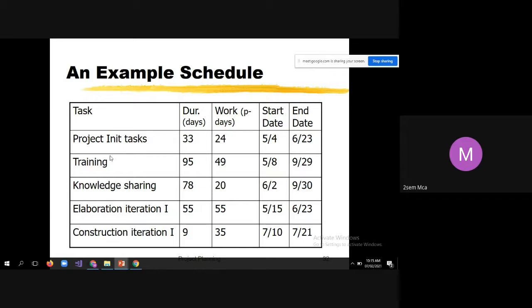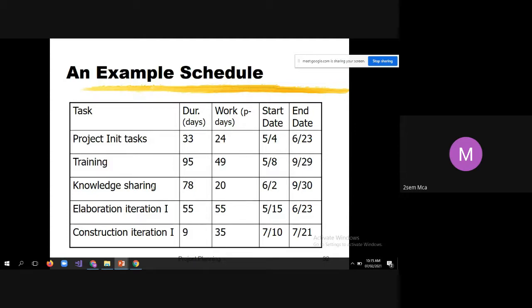Similarly, for training, 95 days duration is given as per the schedule, but person days required are 49. Starting date is 8th of May, and training end date is 29th of September.